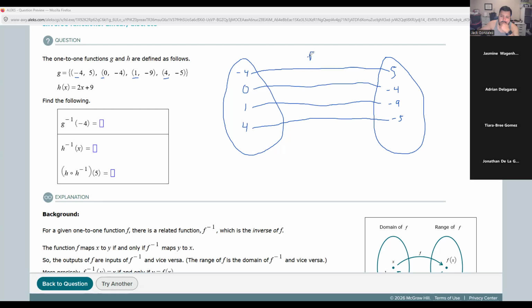It goes this way. F inverse will do the opposite. It's going to send all these guys back that way. So this question right here, I guess I should use G, my bad.